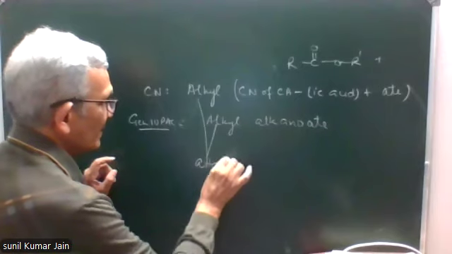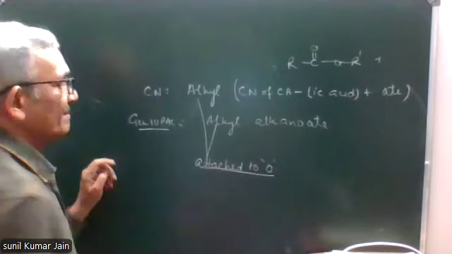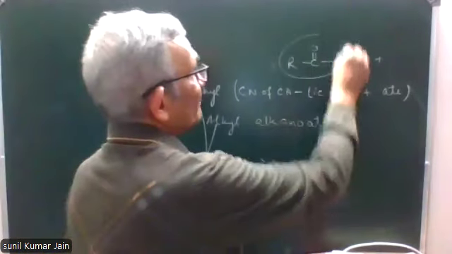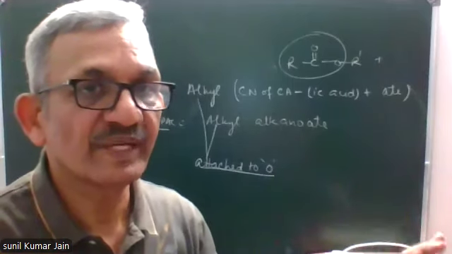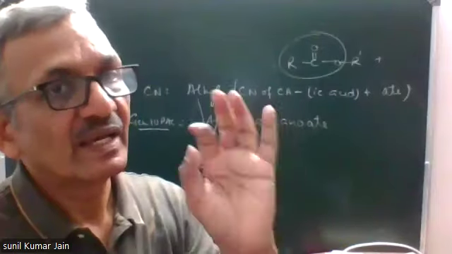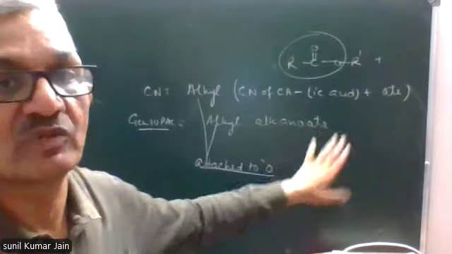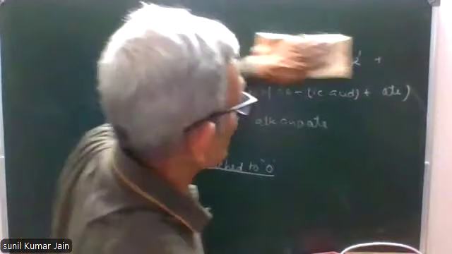The second word is for the remaining part. Now I'll give an example. On the basis of that example, we'll be able to name the common as well as the IUPAC name of the ester.